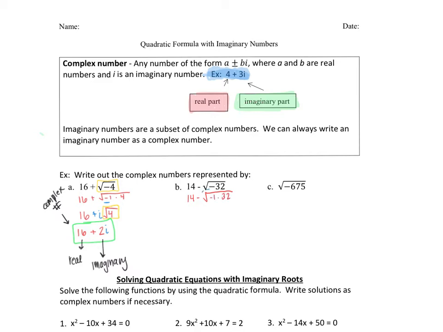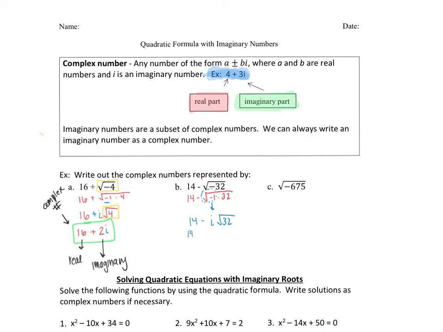Remember, when I have a negative 1 under the radical, that drops out as i, okay? 14 and the negative sign are coming down. And I'm still left with the square root of 32. Now, 32 is not a perfect square, so I just can't take a number. So what I need to do is go ahead and simplify.